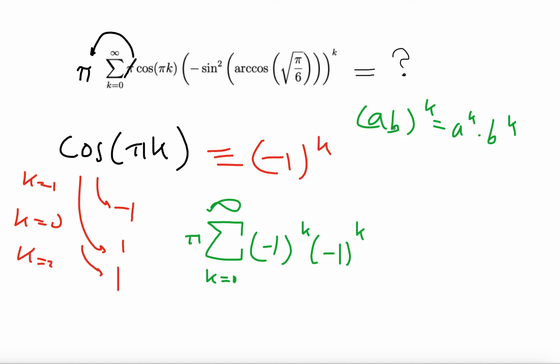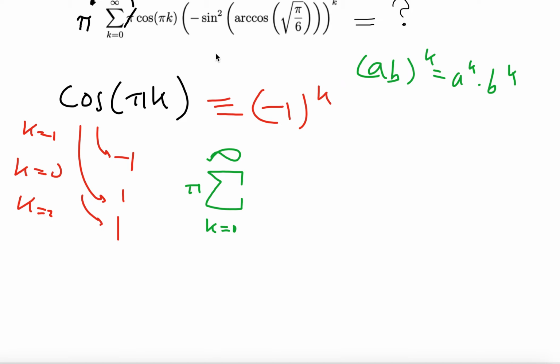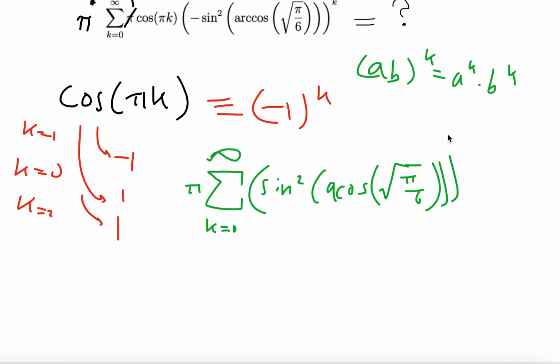So negative 1 is like our a here. And now we're going to use the reverse of that property, and join them together. So we have negative 1 times negative 1 all to the k. And that just becomes 1 to the k, which is 1 at all times, so we can get rid of that. And now we're simply left with sine squared of arc cos, I'm going to write a cos for short, of root pi over 6 quantity, and then that all together to the k.